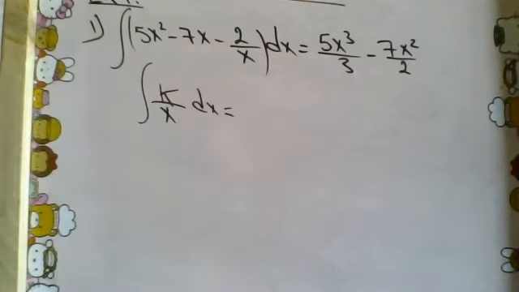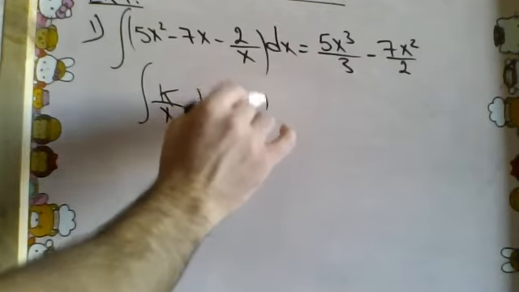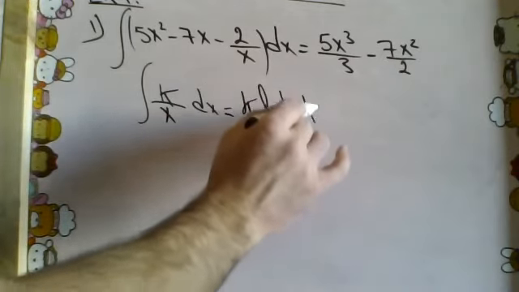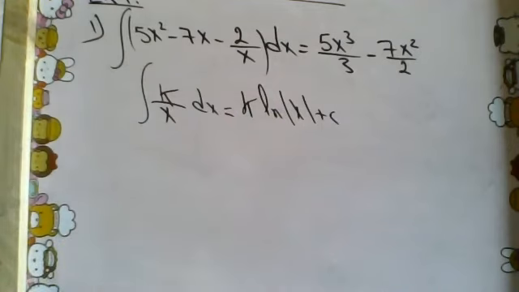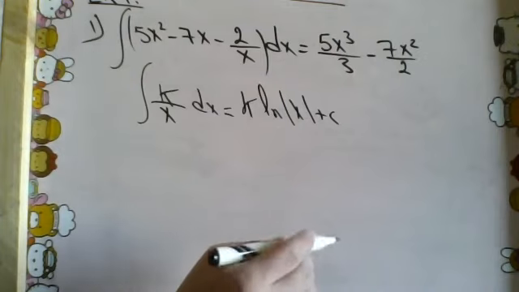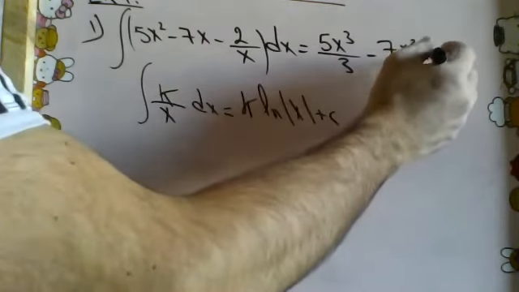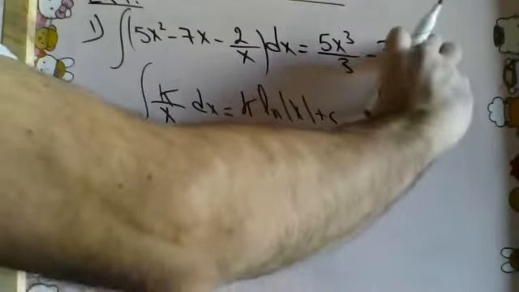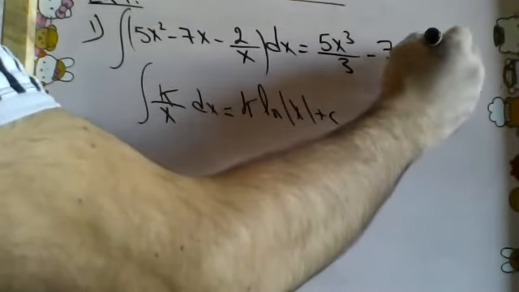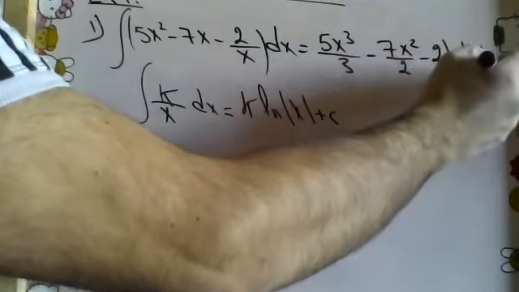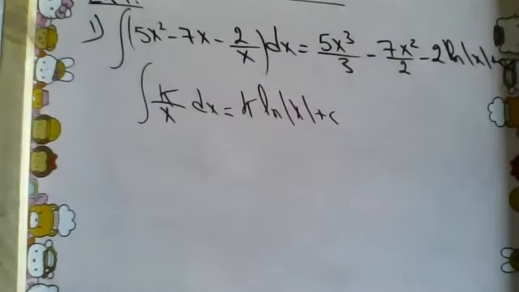The rule, it's k ln absolute value of x, right? It's a rule. So plus or minus 2 ln absolute value of x plus constant c.